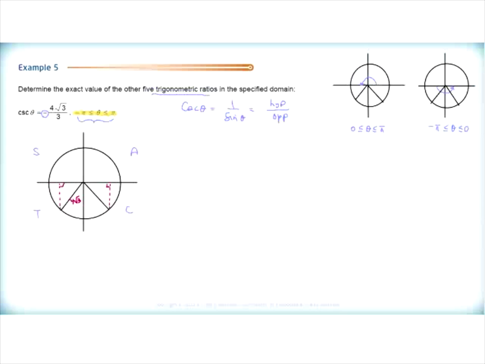Hypotenuse is always positive. And the opposite side in this case is negative 3. Same thing in the other quadrant. We have the hypotenuse is 4 root 3, and the opposite side is negative 3.